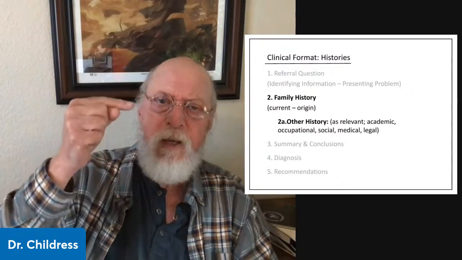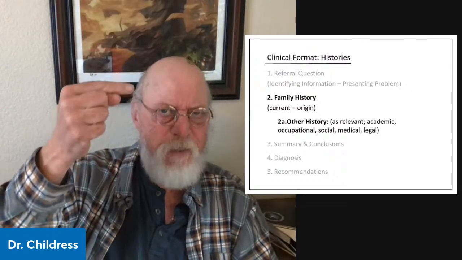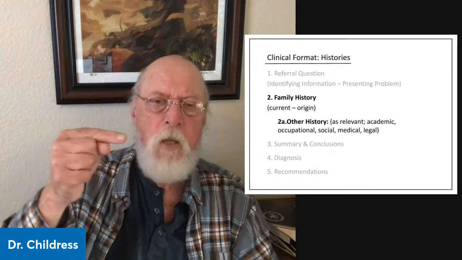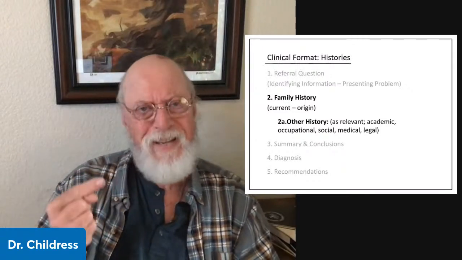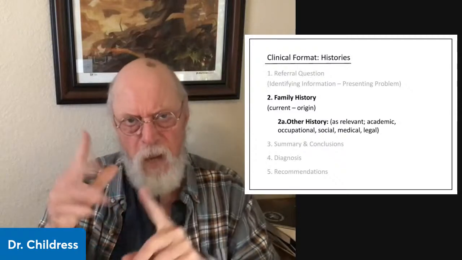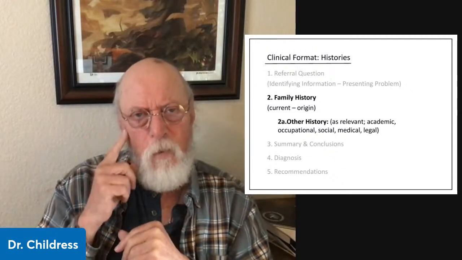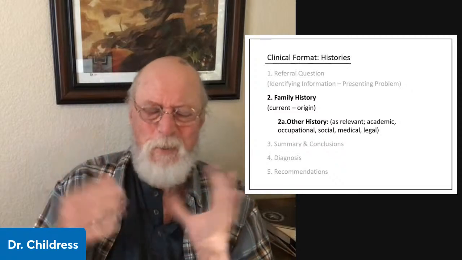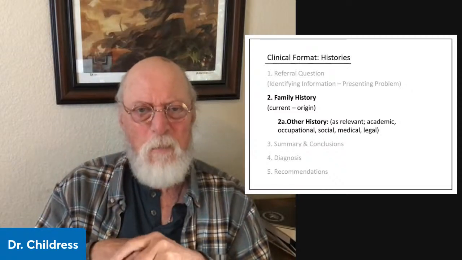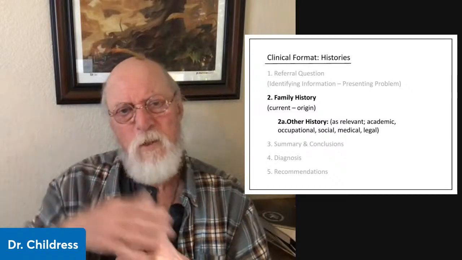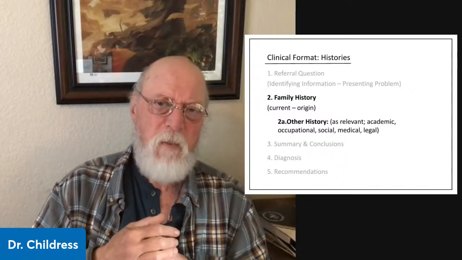I want to see all the qualifying symptoms for that diagnosis in the history section. So when I reach the diagnosis, let's say of ADHD, and that's 6 of 9 of those symptoms, in your history section, I want to see the child was bouncing around as if driven by a motor. The child refused to sit down and was climbing on things.